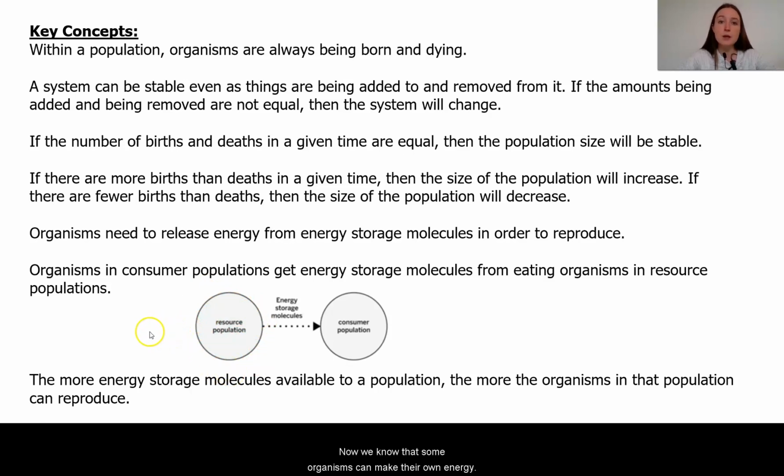Now we know that some organisms can make their own energy, but most need to eat to get these energy storage molecules. The more energy storage molecules available to a population, the more the organisms in that population can reproduce. We saw this with the yeast, with the crickets, and also with the organisms in the digital model.